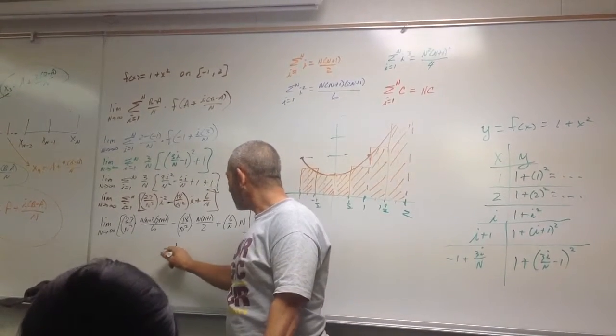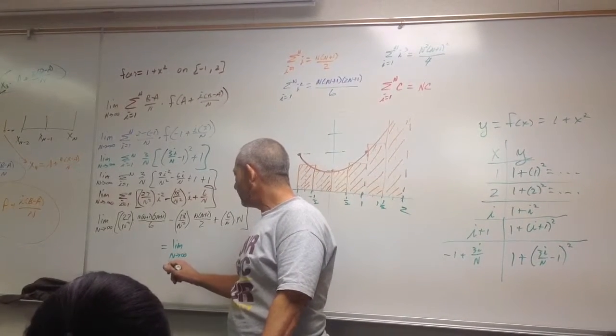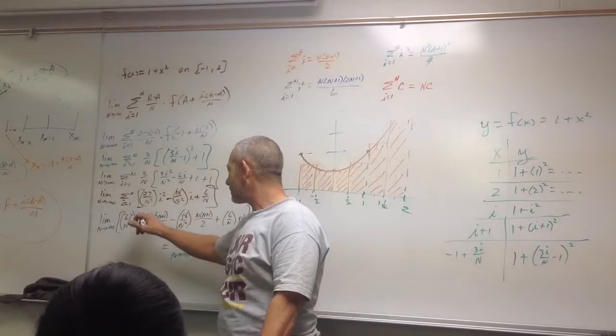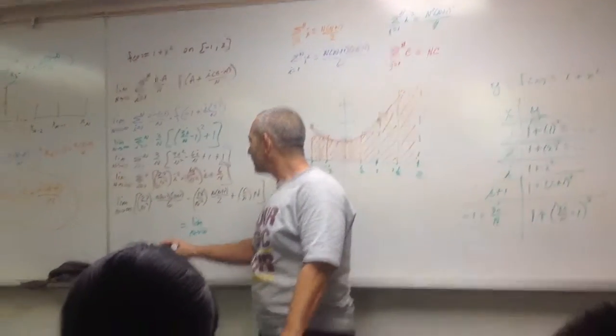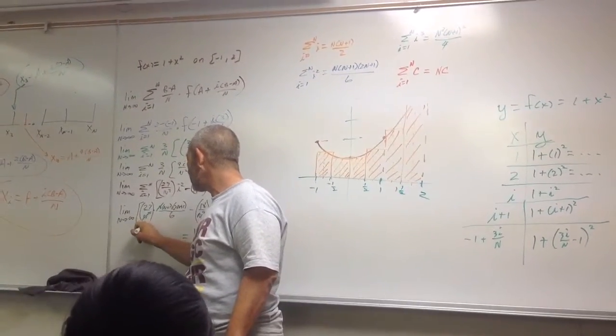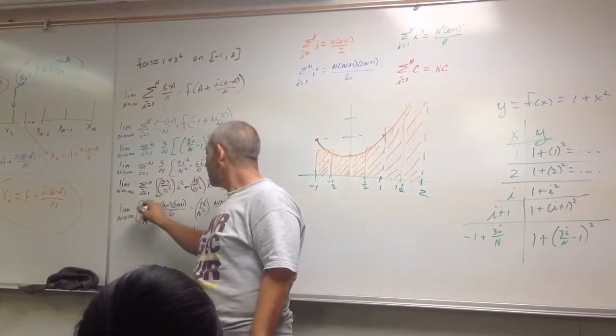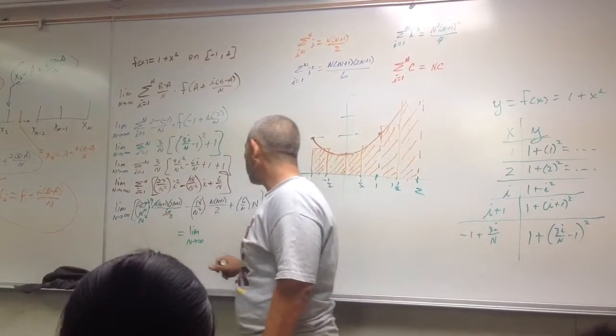So this is equal to the limit as n goes to infinity. Let's see, 6 goes into 27. Oh my goodness gracious. Let's do some canceling. I can cancel that n into that n cubed and I'm left with n squared. 3 goes in there 9 times and 3 goes in there twice.